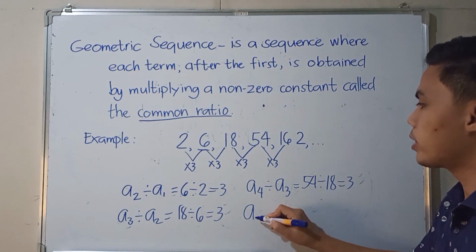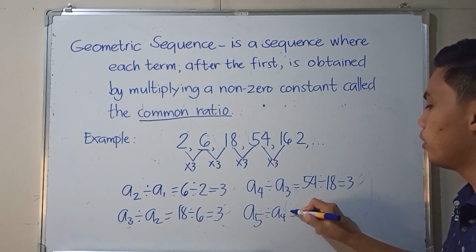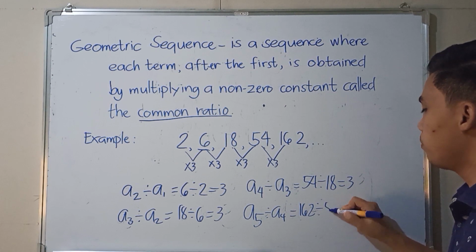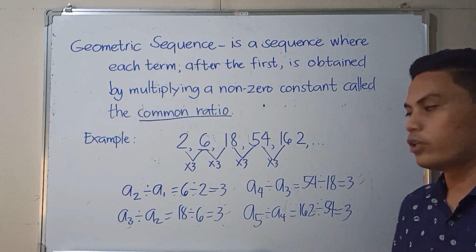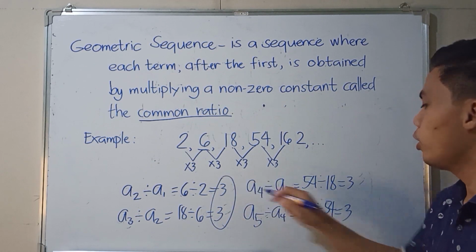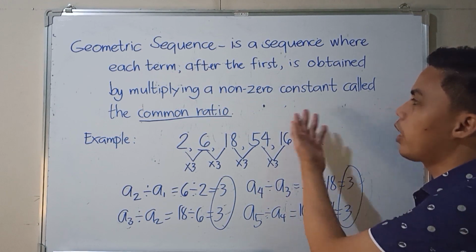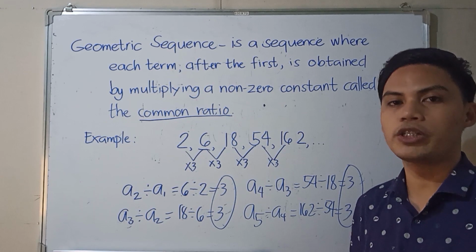And we have also a sub 5 divided by a sub 4, that is 162 divided by 54. It is also equal to 3. So, common sa kanila yung quotient na 3. Therefore, 3 is our non-zero constant or our common ratio.